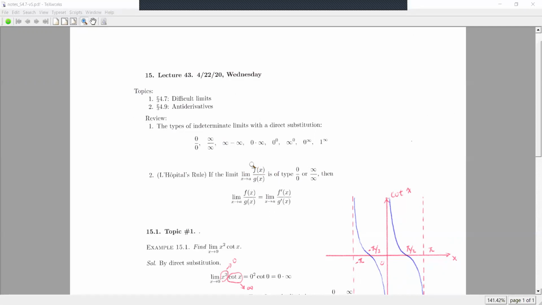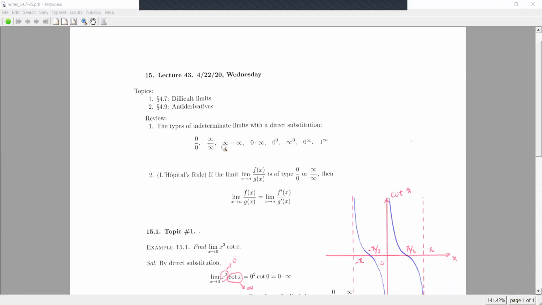To compute this difficult limit, L'Hopital's rule says that we can use this formula. The limit of the right side of the equation is a limit of a quotient of two derivatives.